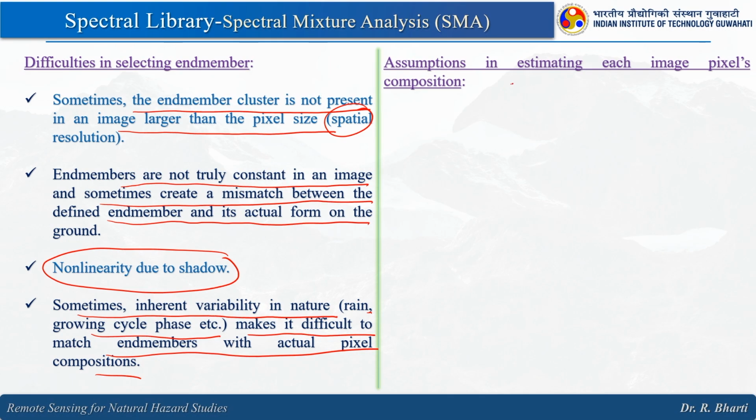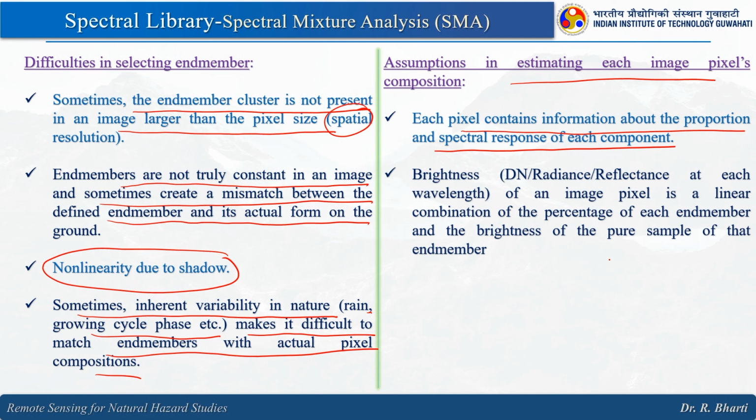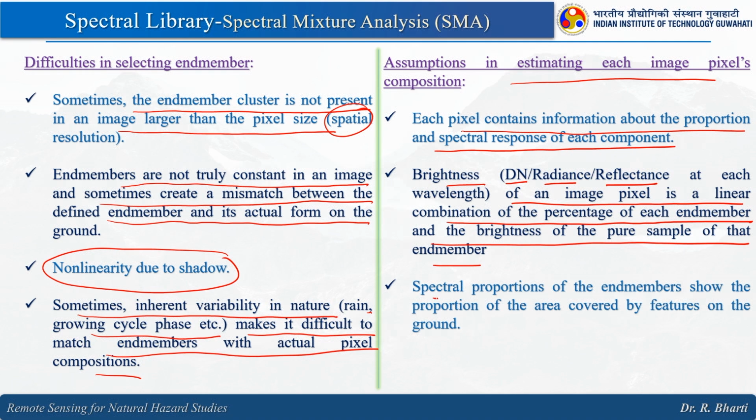Now, assumption in estimating each image pixel composition. Each pixel contains information about the proportion and spectral response of each component. Brightness, which can be your DN value or radiance or reflectance, which is captured by the sensor of an image pixel, is a linear combination of the percentage of each end member and the brightness of the pure sample of that end member, right. Spectral proportion of the end member shows the proportion of the area covered by feature on the ground.